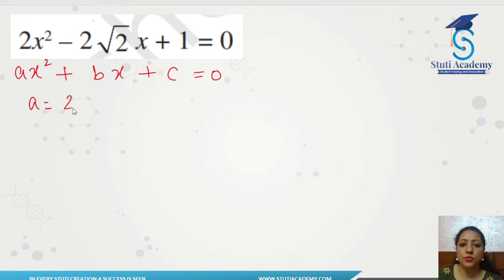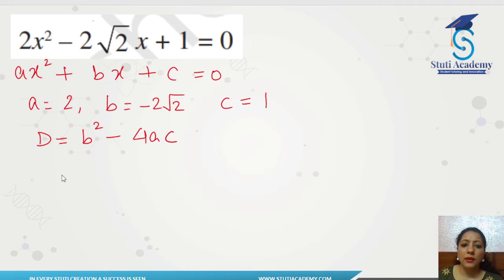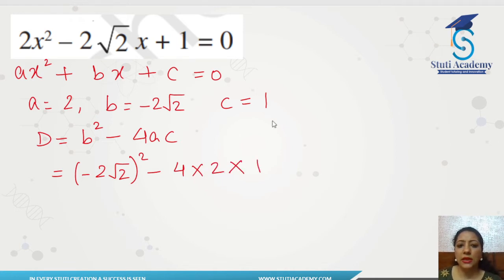So a here is 2, b is minus 2 root 2 and c is 1. Now we'll solve for the discriminant, that is b square minus 4ac. That is minus 2 root 2 square minus 4 into a, that's 2 here, into c, that is 1.